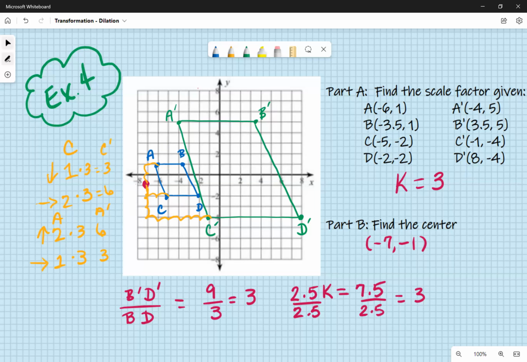So those aren't my coordinates. That's just the directions I have to go. So let's see, I'm going to go up 6, 1, 2, 3, 4, 5, 6, and over 3, 1, 2, 3. Perfect. So sorry about all the glitches and things of that nature, but hopefully you got something from that.